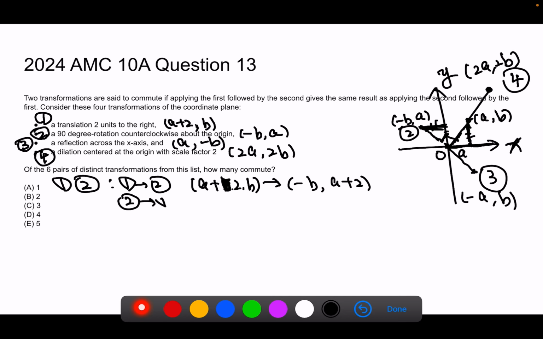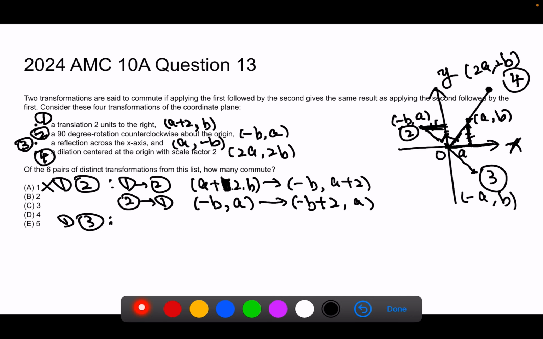You're going to start from A, B, but this time you get minus B, A. And then you do 1. You're going to add 2 to x, so minus B plus 2, A. They are not the same. So they do not commute.